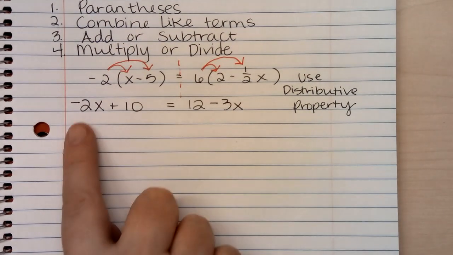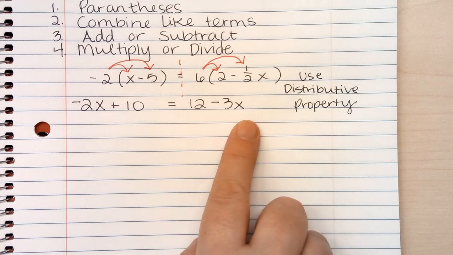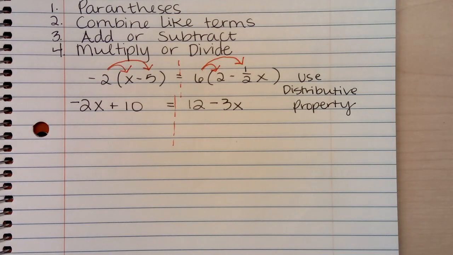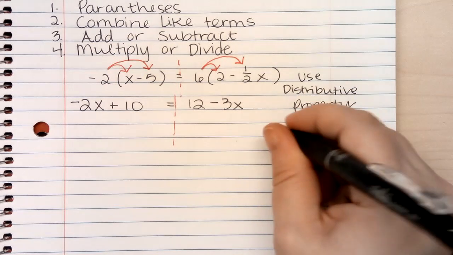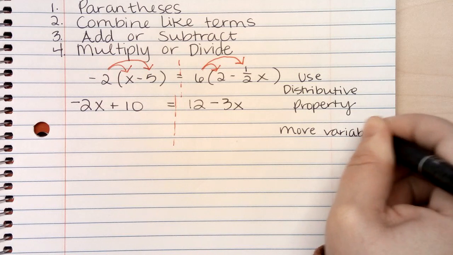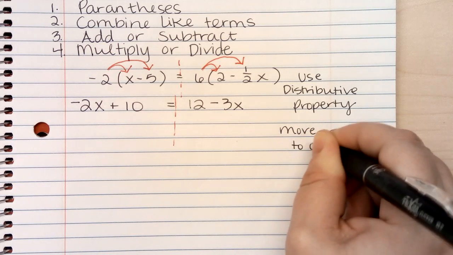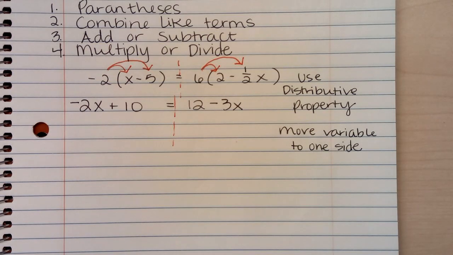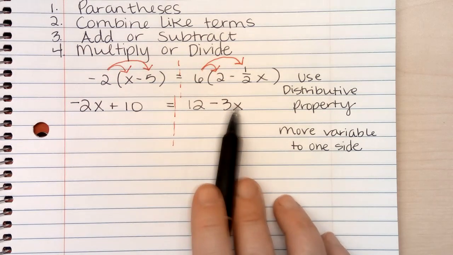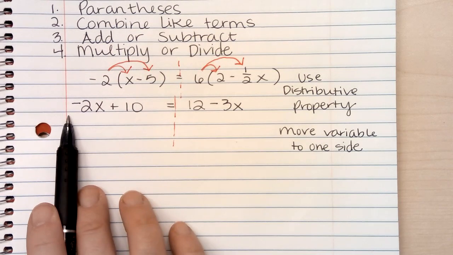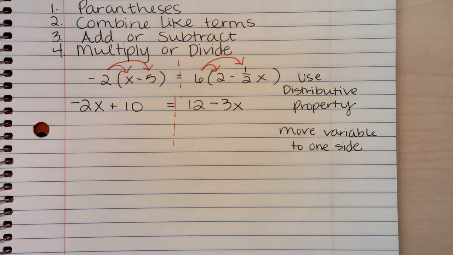Are there any like terms on this side or this side to be put together? No. So we need to move the variable to one side. All right, well, I have -2x and I have -3x. I can add 3x here and here. I can add 2x here and here. It doesn't matter.